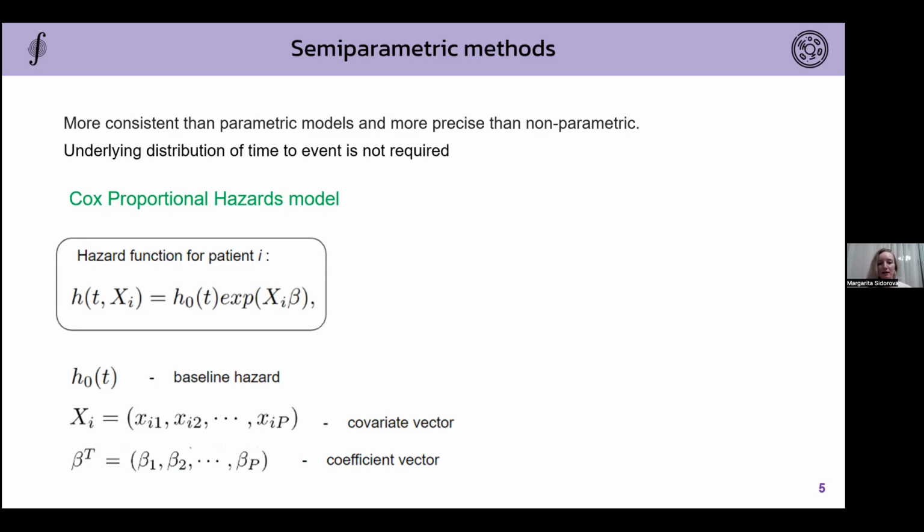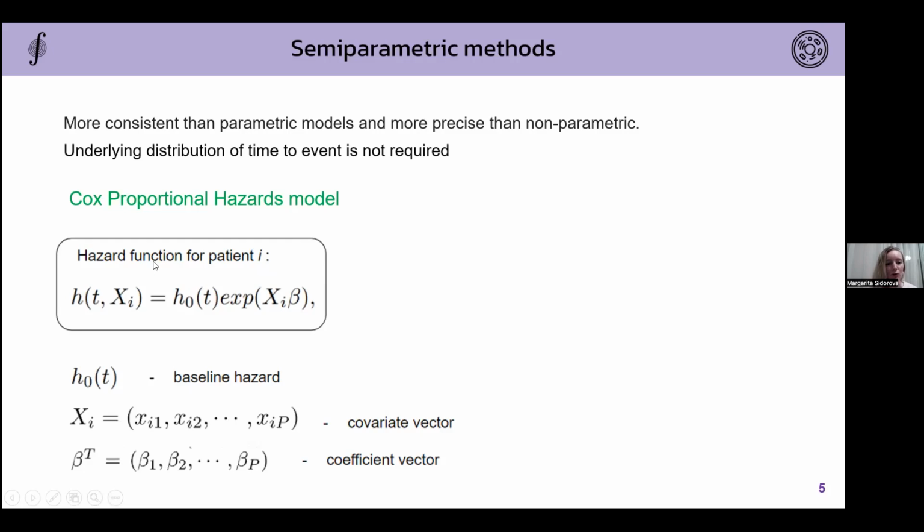So it's like a must-have theme in survival analysis, and we will cover it right now. As I said, it's the semi-parametric method. Why? Because the distribution of time to event is not required. It is more consistent than parametric methods and more precise than non-parametric methods. That's why it is usually used in the statistical part of survival analysis.